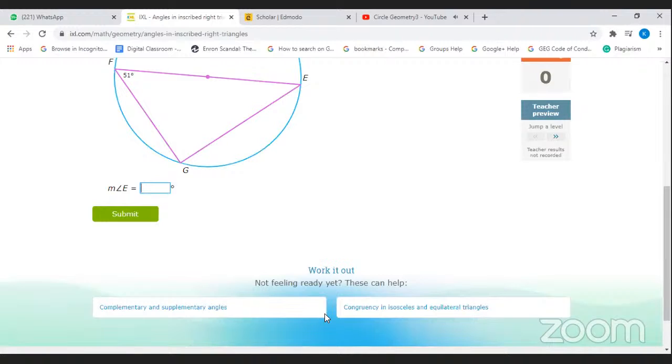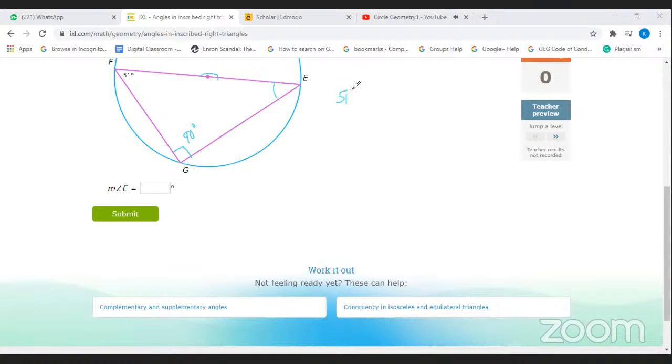Okay, let me quickly annotate. From what you can see, this is a semicircle. If this is 180 degrees, then definitely this is 90. So this is 90 degrees, and we have a right angle triangle. So definitely we can easily get this. How do we get that?